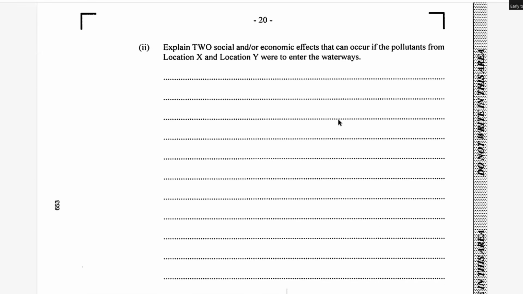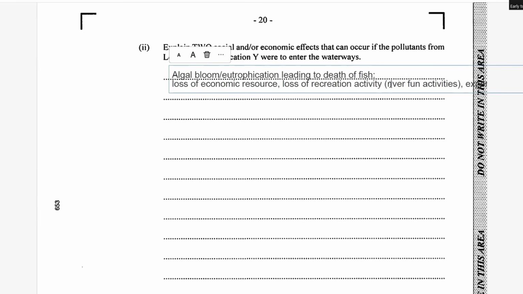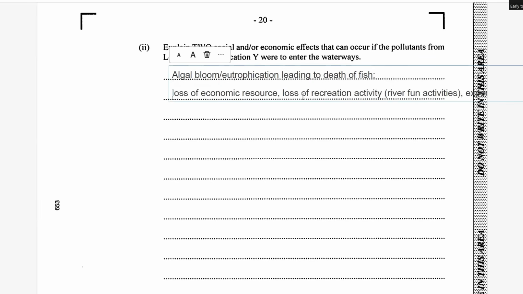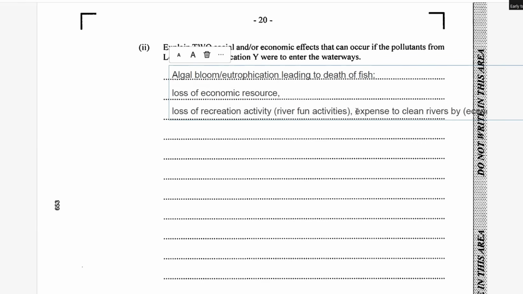And we know if that happens, we're talking about eutrophication and algal bloom coming into play. So what will happen? We expect some death of fish. That should be obvious.